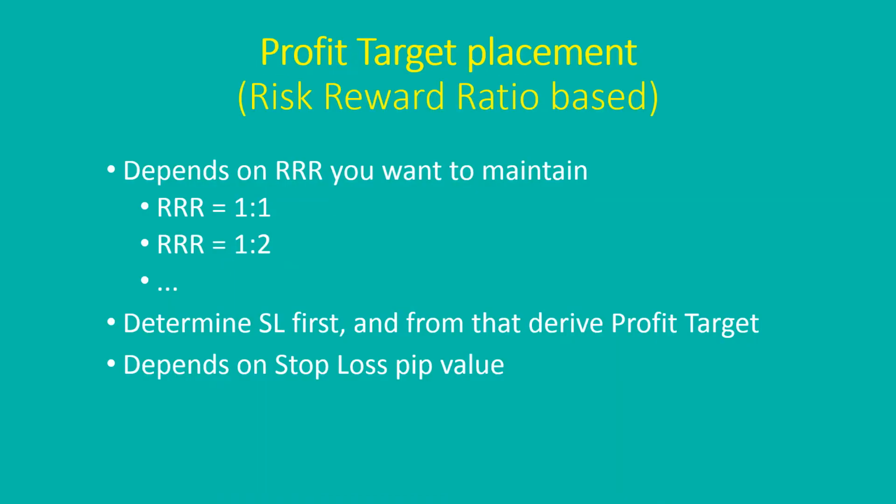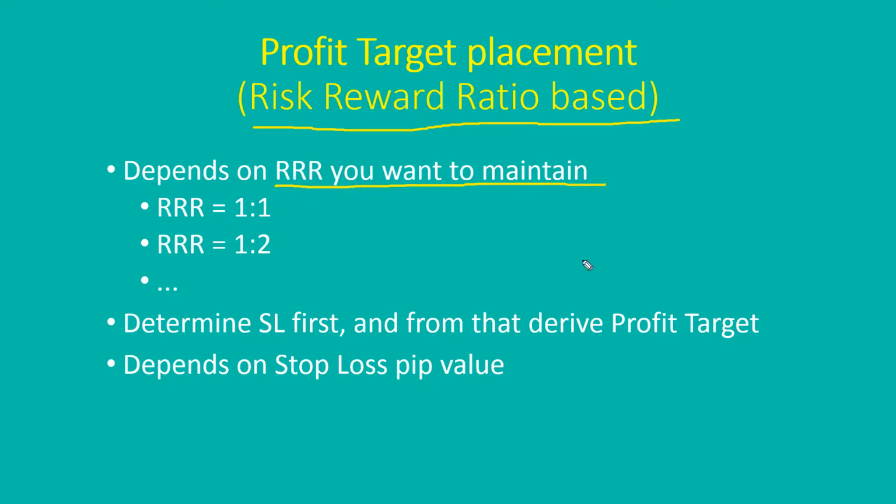Let's now talk about profit target placement. There are two ways we can approach this. The first way is the risk-reward ratio based way. The take profit placement depends on the risk-reward ratio you want to maintain.